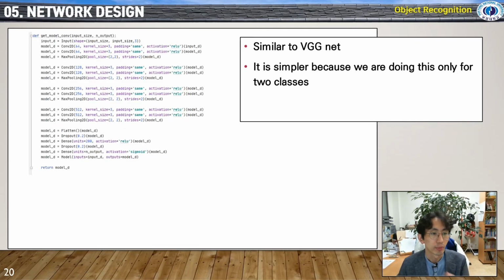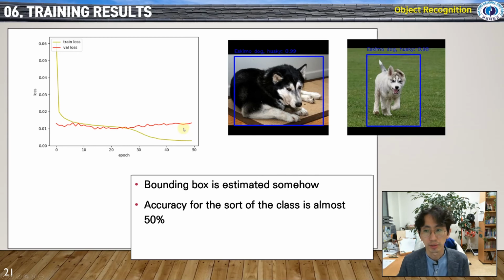The network I used has this structure, and it could be better. The result could be better when we change this model. The bounding box is estimated somehow, but the accuracy of the bounding box is not as good as we expected, and the accuracy for the class is very low.